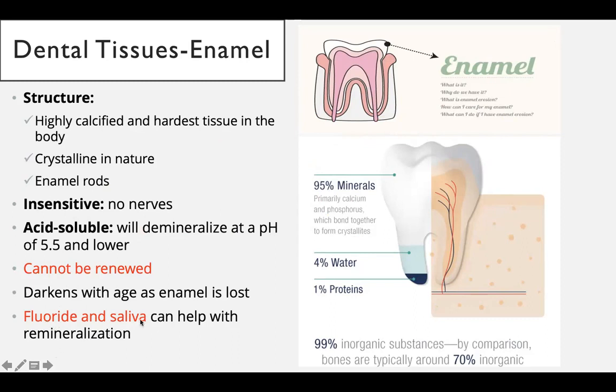So saliva helps. Saliva has a lot of protective mechanisms, and salivary amylase and salivary lipase. But fluoride, any idea? Fluoride is found in our toothpaste. So people, beautiful people, make your teeth beautiful by brushing. Next.